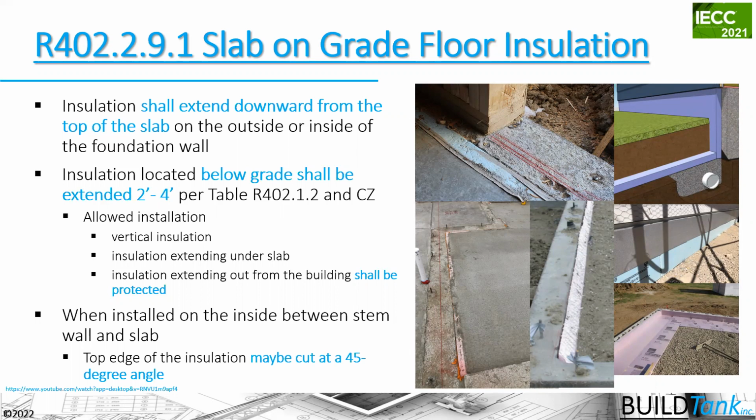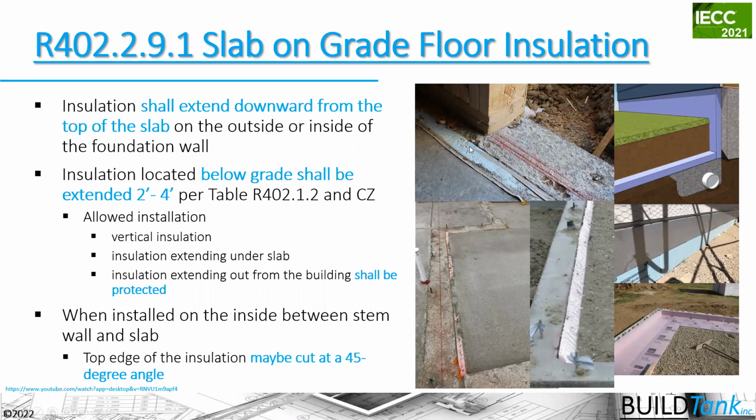When installed on the inside between the stem wall and the slab, the top edge of the insulation may be cut at a 45. So here's an example of the insulation being cut at a 45, but the reality out there is that these installs demonstrated here are really the best way to do it. Generally, concrete tends to crack at this 45, which is an issue here.